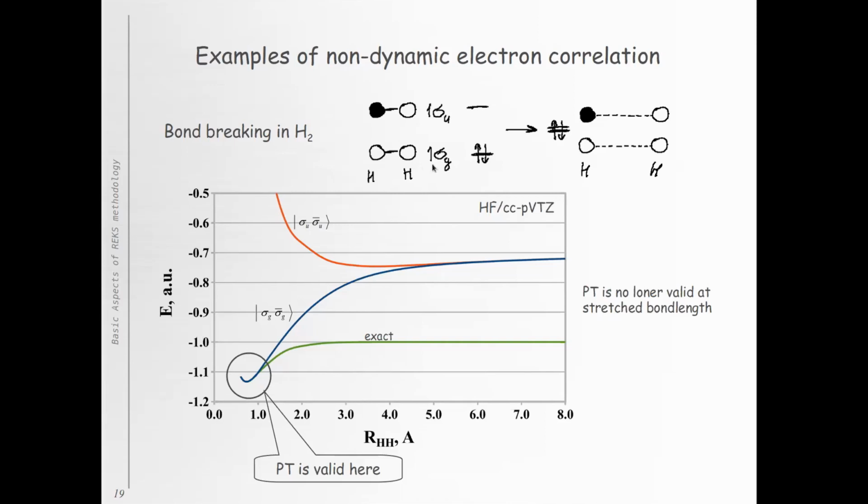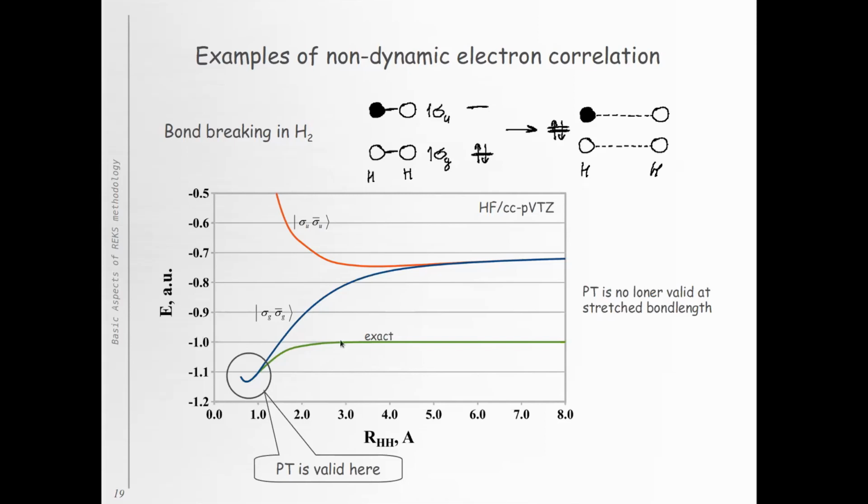This electronic configuration's energy goes up, up, up as we stretch the distance between the hydrogen atoms. But the energy of the antibonding, doubly excited electronic configuration goes down until they both meet at some distance. And both potential energy curves, for the single determinant built from the lowest symmetry orbital and from the two antibonding orbitals, are very different from the exact curve.